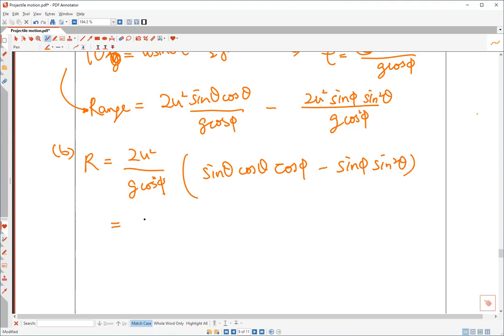Of course I can extract the sine theta from the equation. Then it looks like this one. There's one identity to simplify this one. This is a double angle. I think I've talked about it. If not, I will make another video for it.